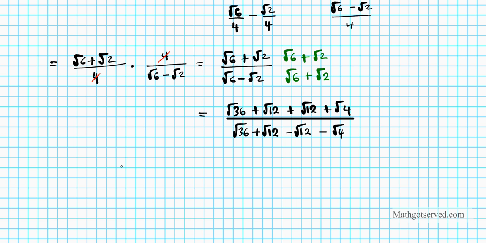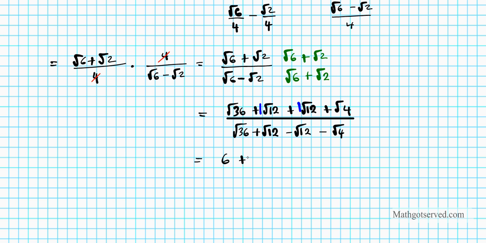This simplifies into, let's see, we have root 36 is 6, right? So 6. Root 12 plus root 12. Imagine that there's a 1 right here, okay? You have a 1 right here and a 1 right here. So if you add 1 root 12 and 1 root 12, what are you going to have?